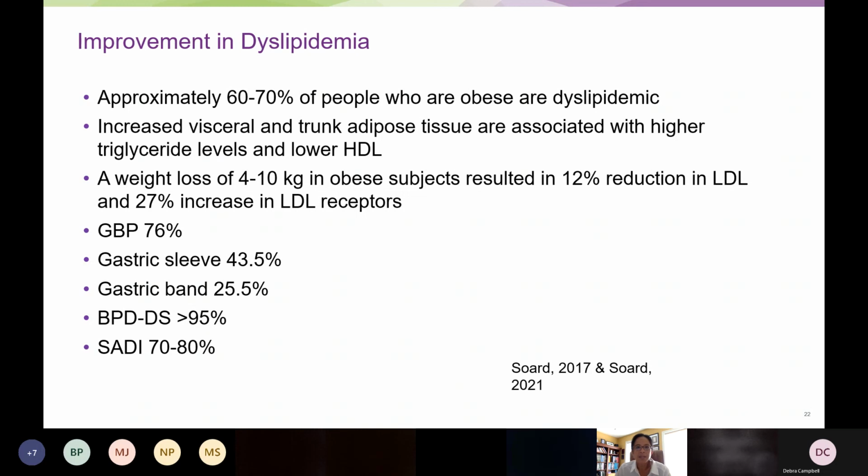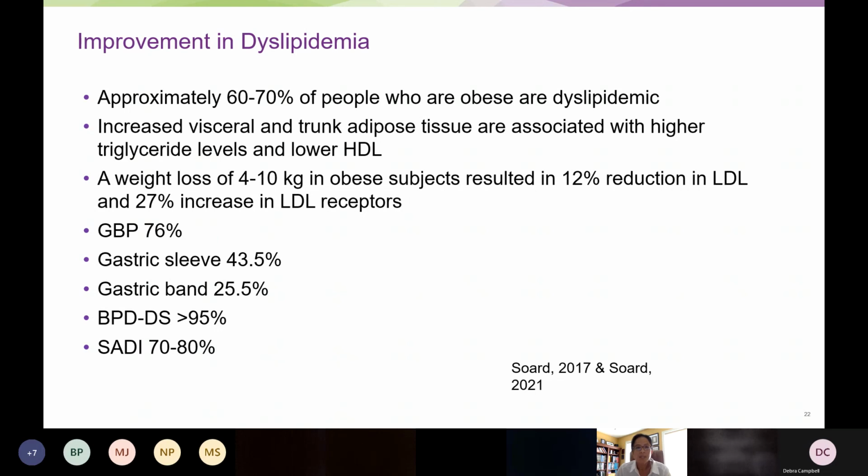When we look at dyslipidemia, about 60 to 70% of people who are obese have dyslipidemia, and it's also associated with truncal and visceral fat. A weight loss of 4 to 10 kilograms in these patients actually results in a 12% reduction in LDL and a 27% increase in HDL receptors.